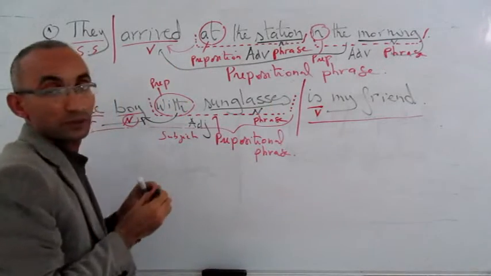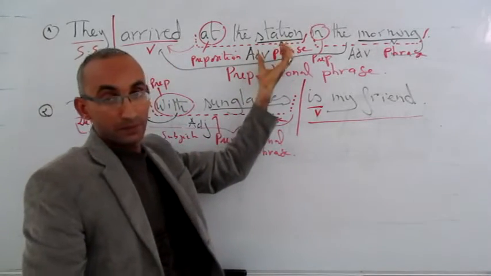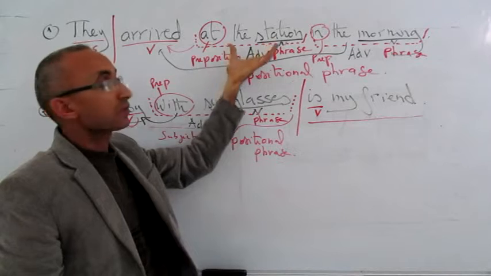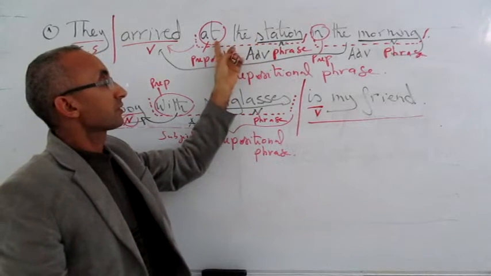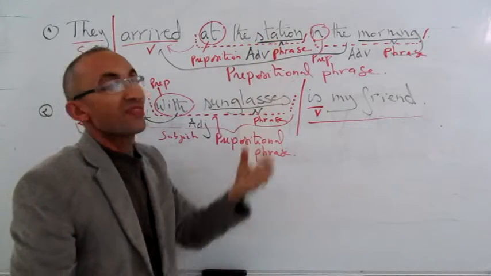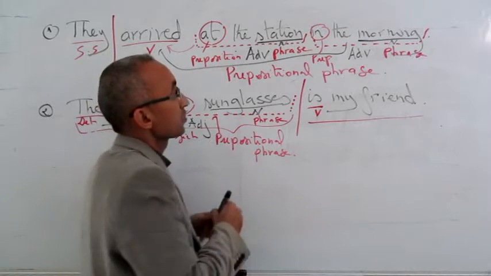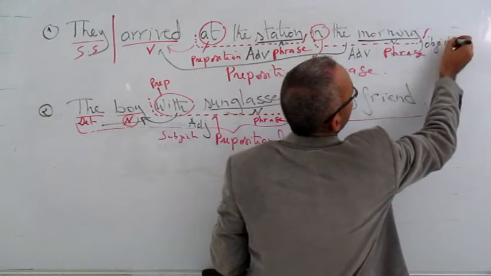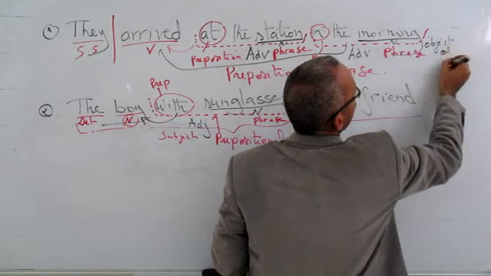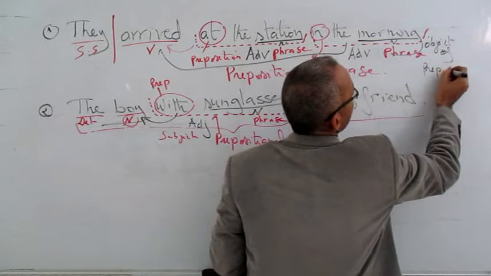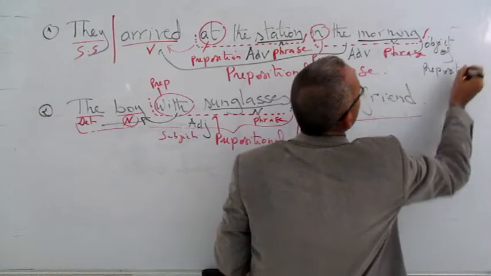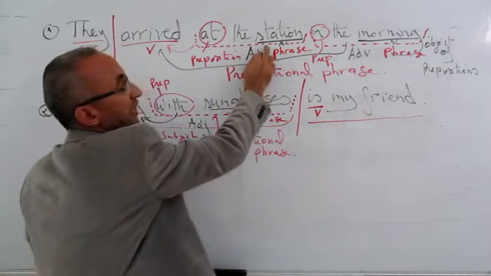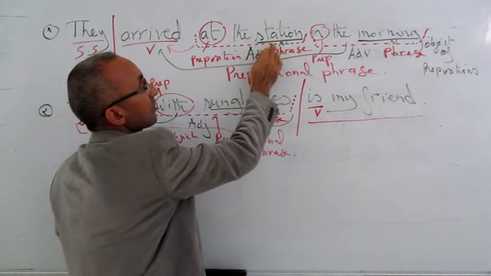Now these nouns, which come in the prepositional phrase and after the preposition, are called in grammar the objects of prepositions. Example here, station is the object of at.